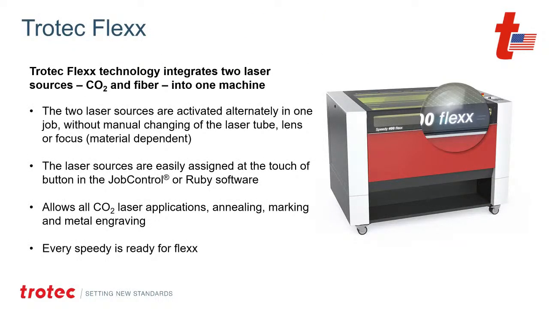Now, we make both a Galvo and then, of course, the flatbed machine, but we also make what's called the Trotec Flex. The Flex machine is ideal for stainless steel because it integrates both CO2 and the fiber into one machine.